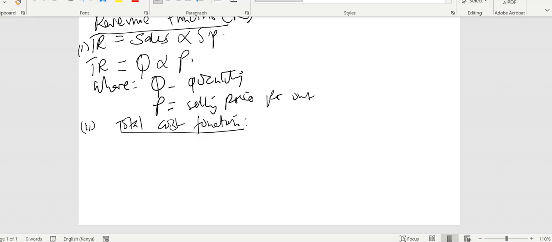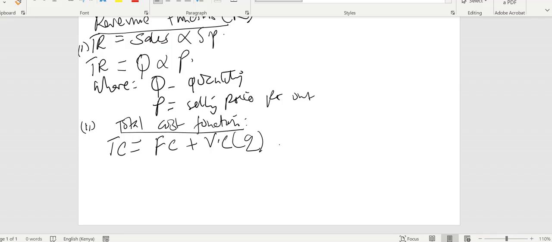So the total cost function, we say total cost will be fixed cost plus variable cost times Q. I will tell you what Q means here. So fixed cost remains constant. Variable cost changes. Okay? So Q is the number of units.